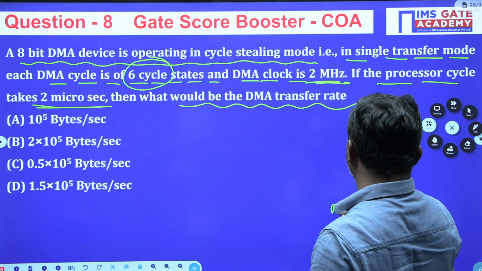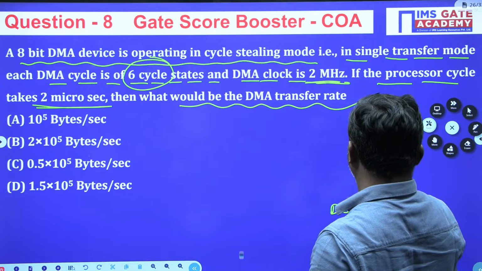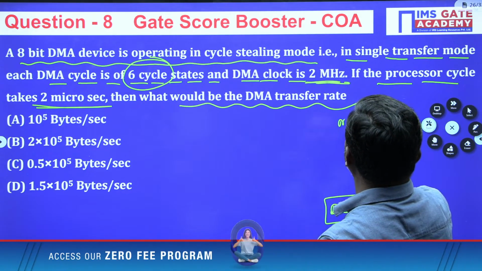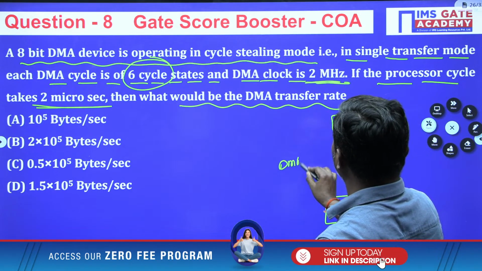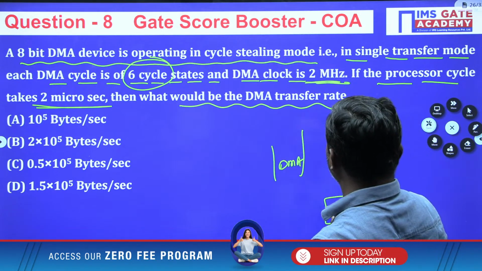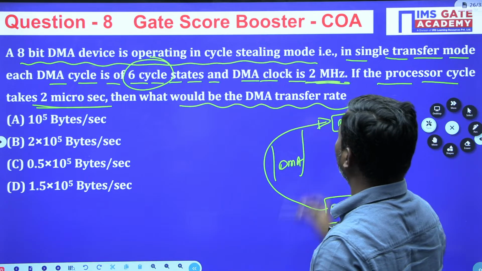There is a device. Okay, we are sending to memory. Okay, by using DMA controller, right? So by using DMA controller, we are sending, correct?